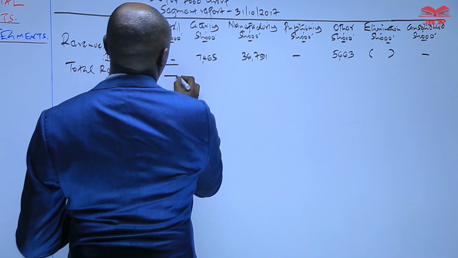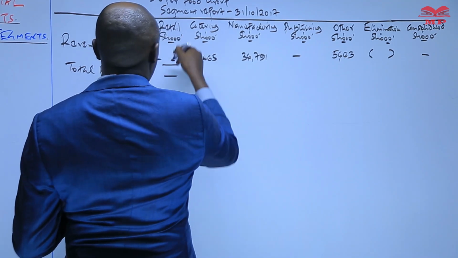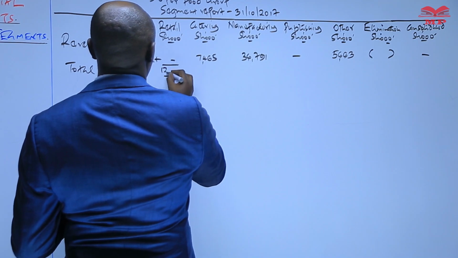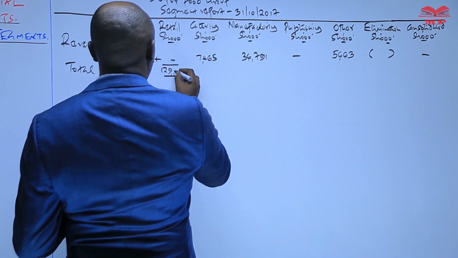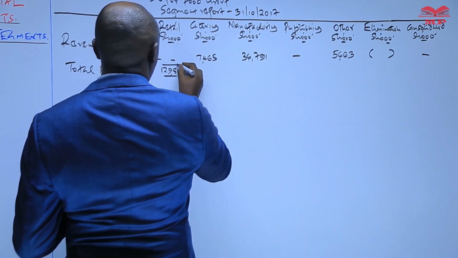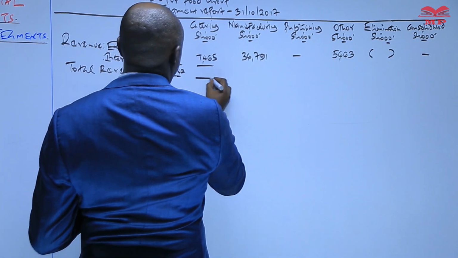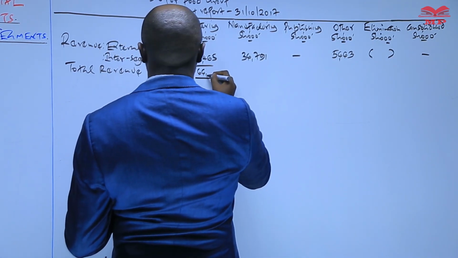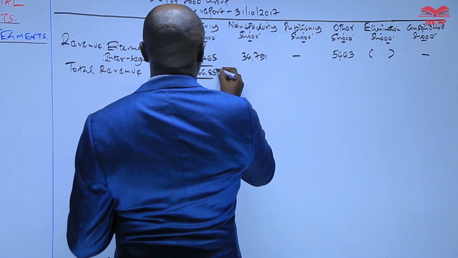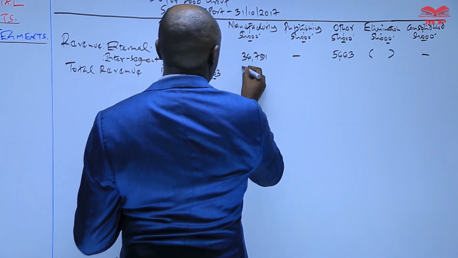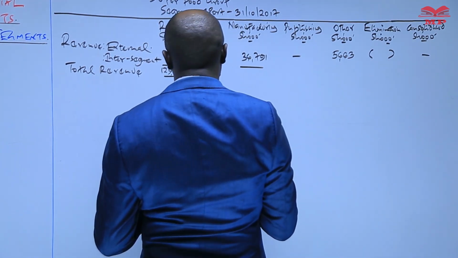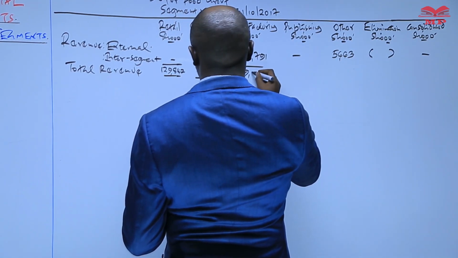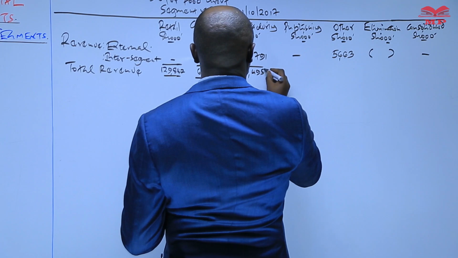And then we have now the total revenue for each segment. So this one is 129,842. Then for the other segment it is 66,853. Then here we have 39,495.